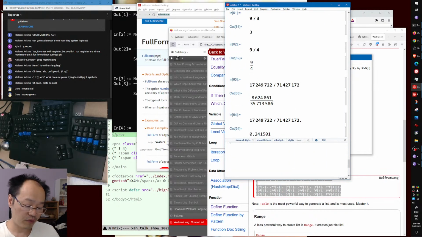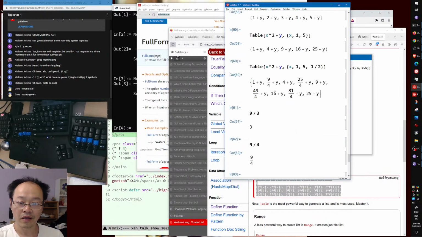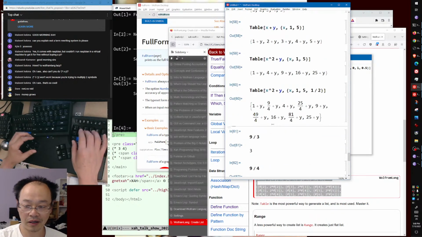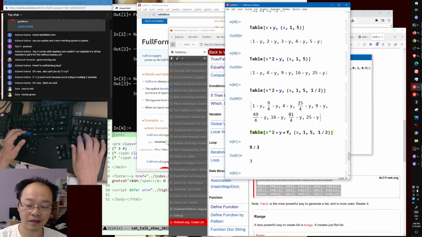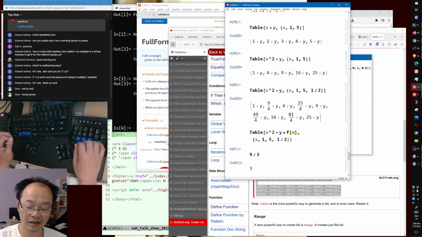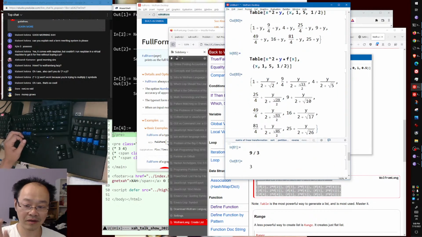But Wolfram language, remember, is symbolic, so that's why it maintains the form. So here we did several table examples. The function can be arbitrarily complicated. For example, times our function f of x. Remember we defined f before, so now it becomes that.